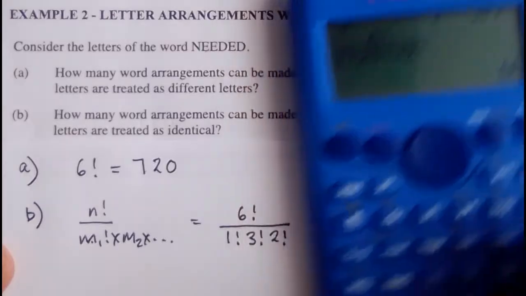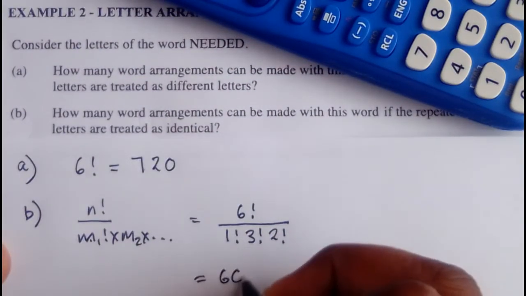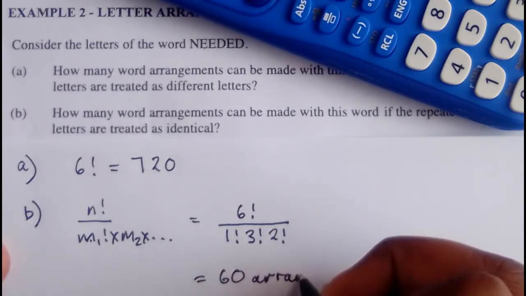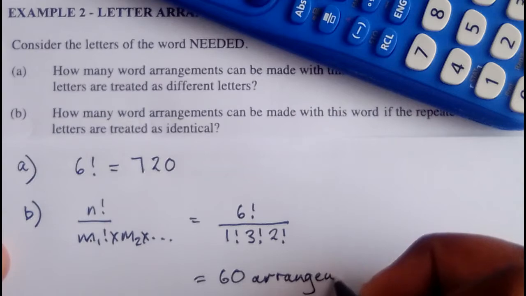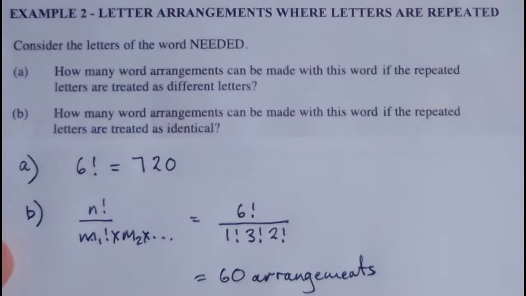So that's 60 different arrangements. So we write 60 arrangements that can result from this. What next do we have to find?